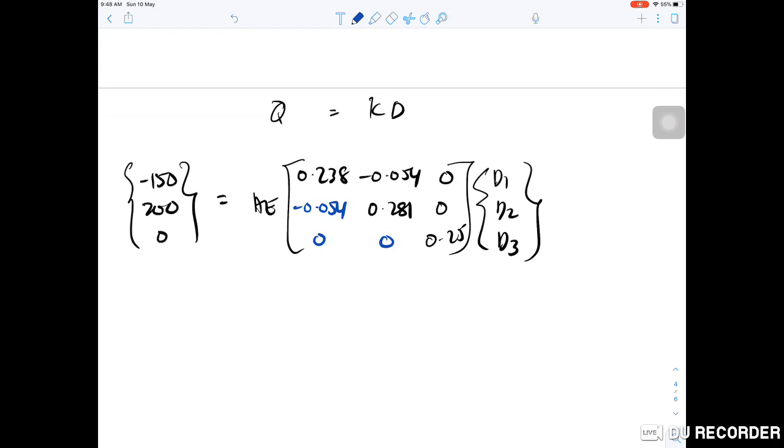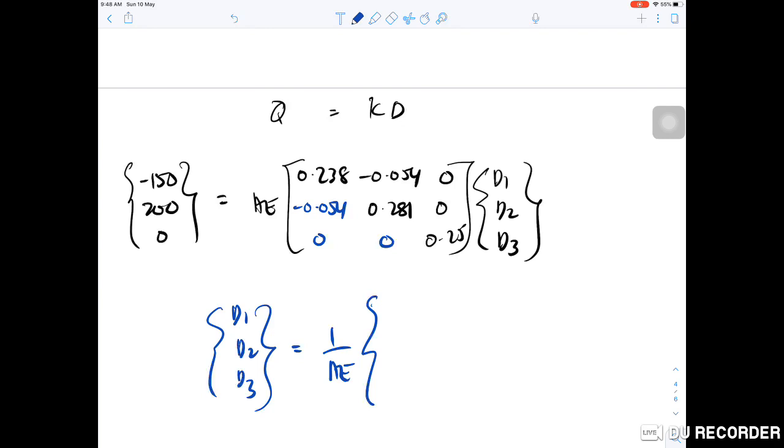By having this, I can continue calculating the unknown displacements, and since AE is not given, we will have the displacements in terms of AE: D1, D2, D3. I will use the calculator directly, with an equation with 3 unknowns.